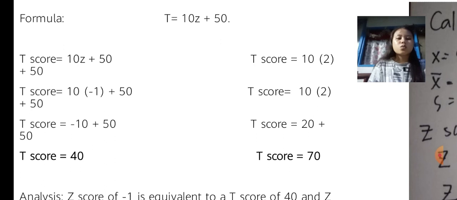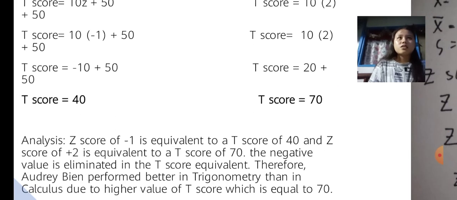On the other hand, t-score equals 10 times 2 plus 50, where the 2 is taken from Audrebian's score in trigonometry. So we multiply it by 10, which equals 20, plus 50 equals 70. So Audrebian's score in trigonometry using the t-score is 70.